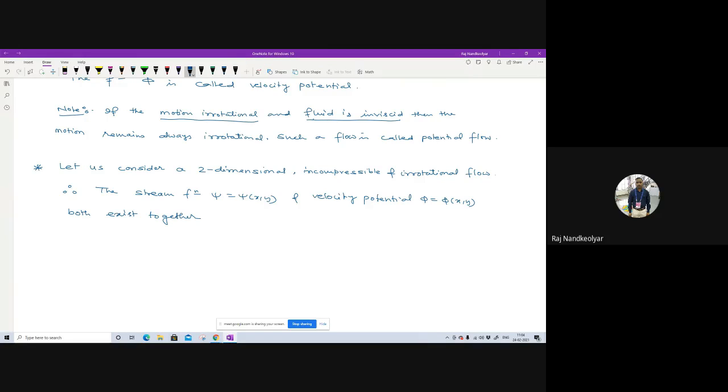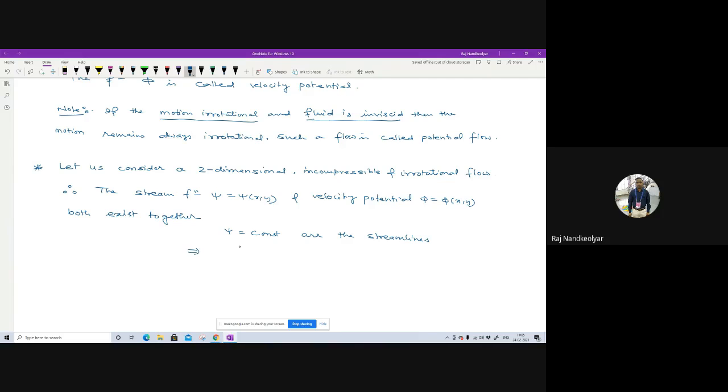Now the thing is that it means what? The stream function and velocity potential both exist together. So psi equal to constant are the streamlines. ठीक है.